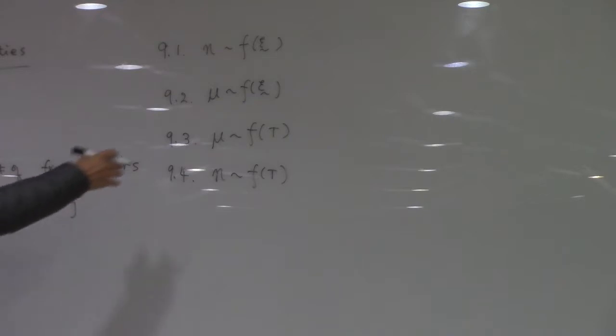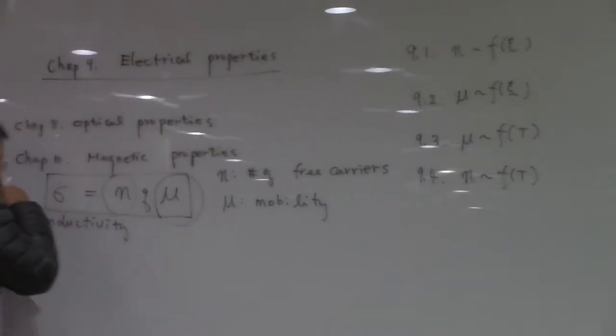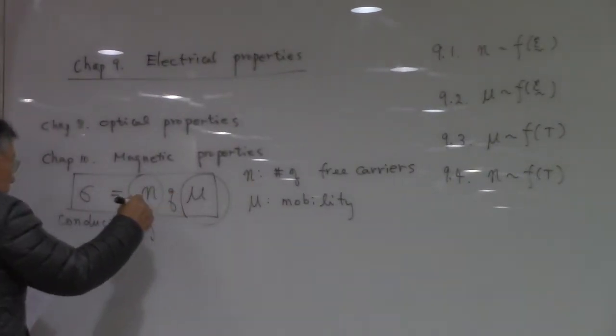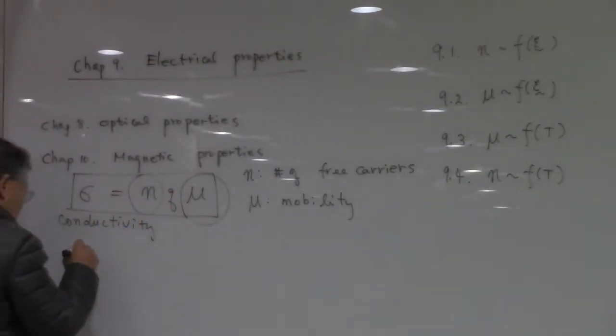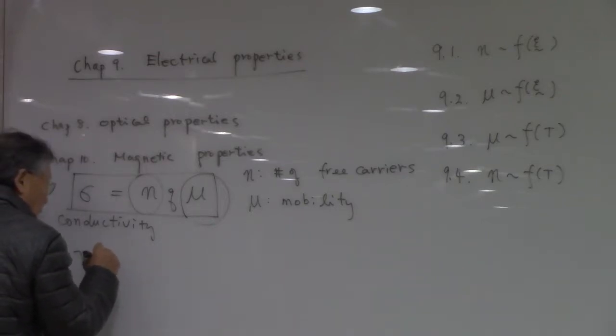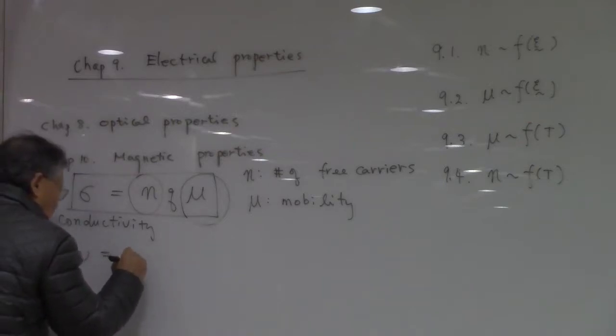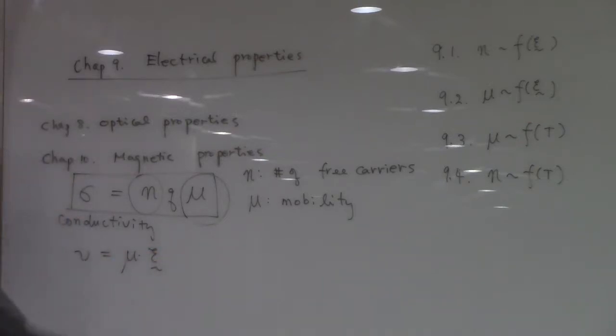Before we go into the details on this, let's just think about the conductivity definition. Conductivity is the number of free carriers, of course, that is important, and the mobility is important. As far as the mobility is concerned, velocity is mobility times electric field.